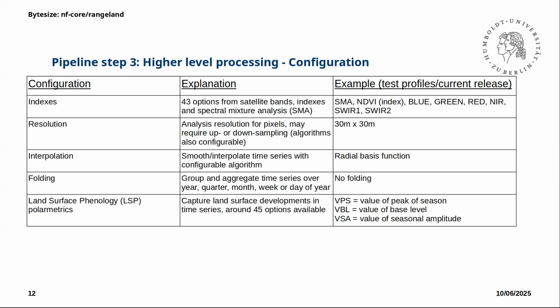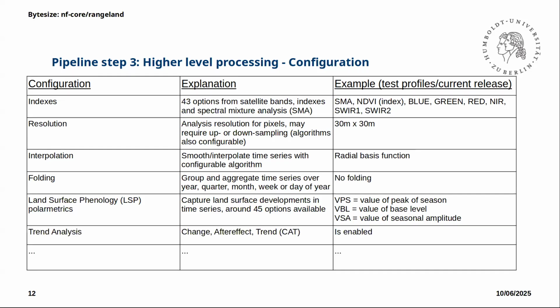As an example, we could compute the value of the peak of the season, the value of the base level, or the value of the seasonal amplitude. This is what we do for our test profiles. And then we have the trend analysis itself, which is usually a change after effect in trend analysis. And this is also enabled in our test profiles. And this is just a small section of what is configurable. There are many more options, but I would say these are the most important ones.